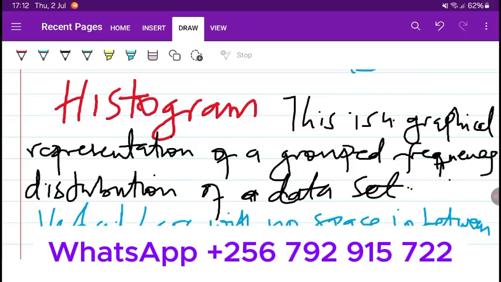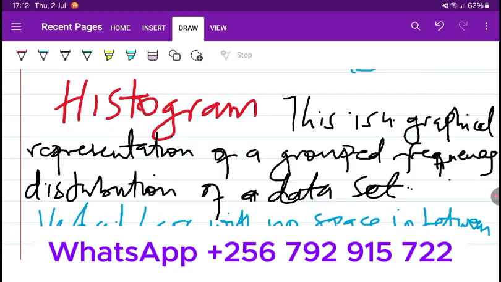The one that represents the grouped frequency distribution we call a grouped frequency histogram.